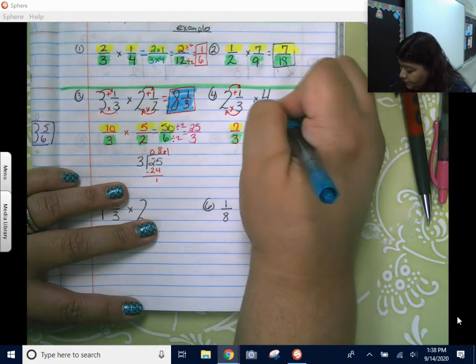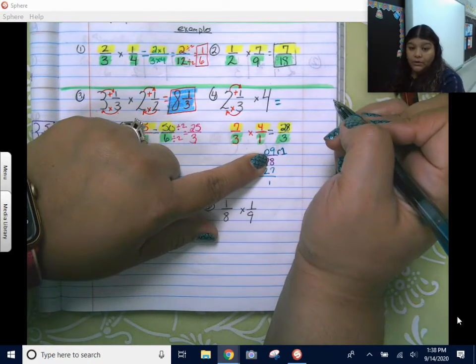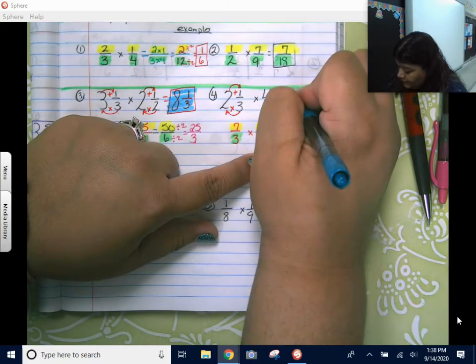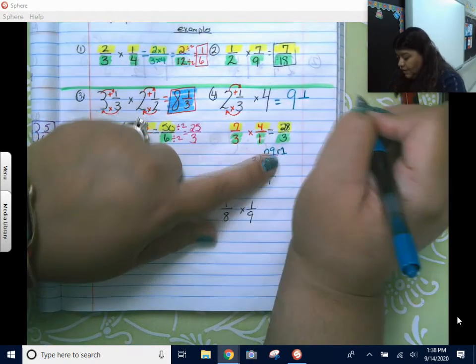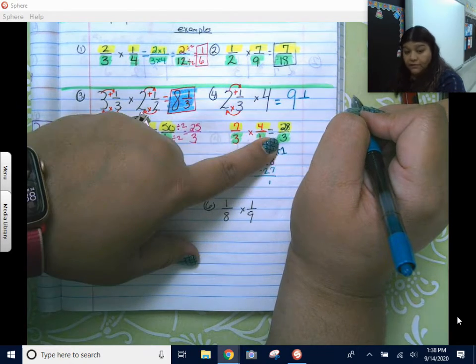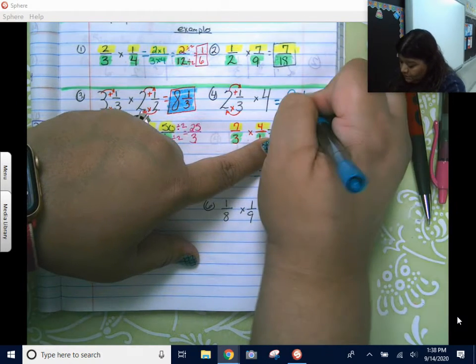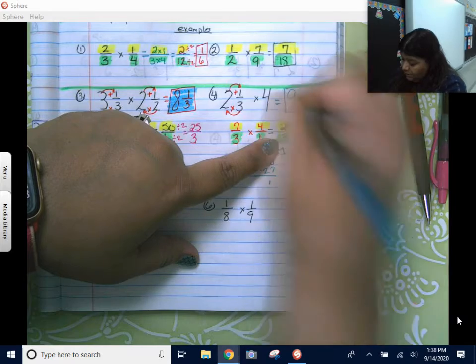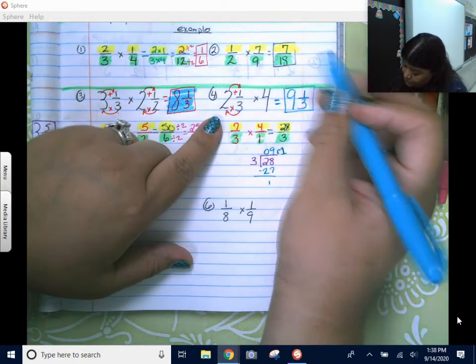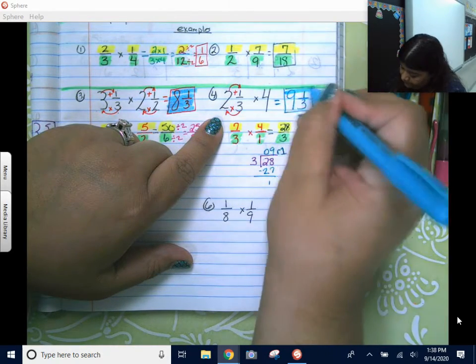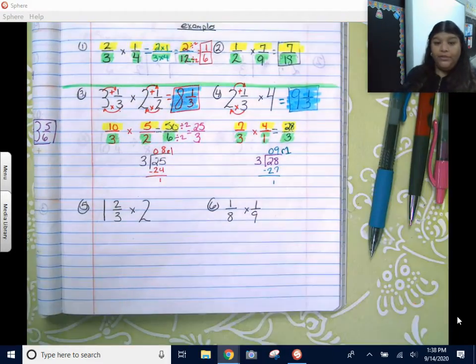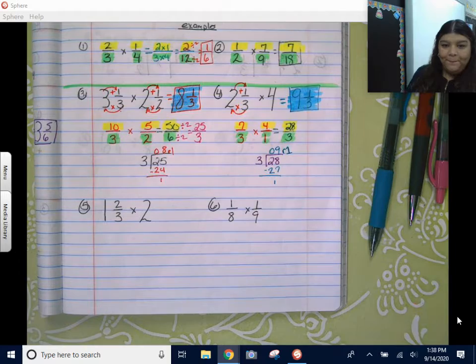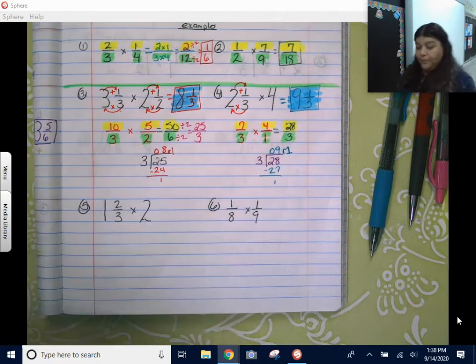Okay, so the quotient is my whole number, 9. The remainder is my numerator, and my denominator was whatever it was here, which was a 3. And there's my final answer. 2 1/3 times 4 is 9 1/3. Okay?